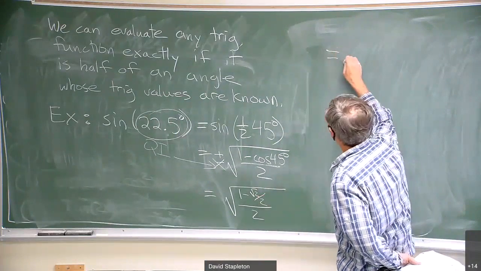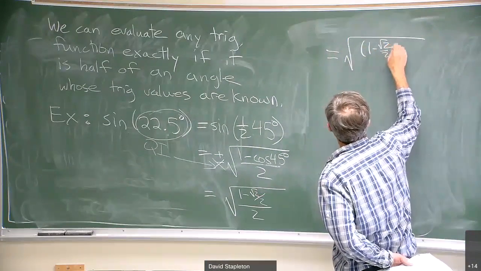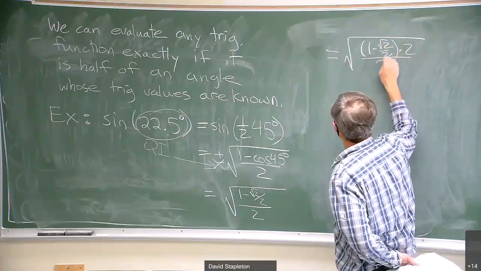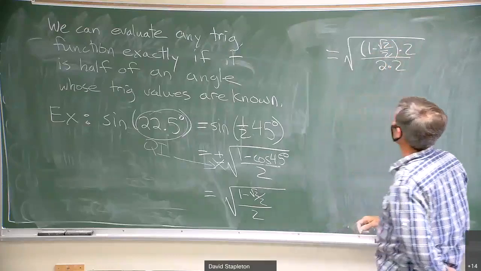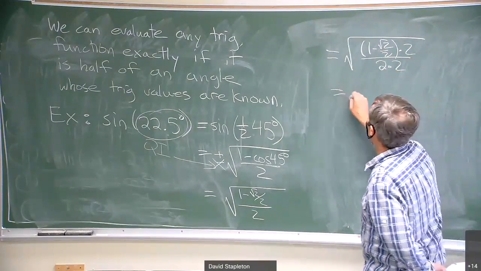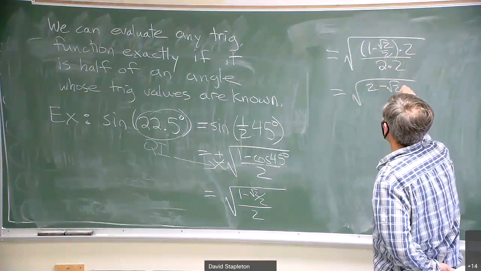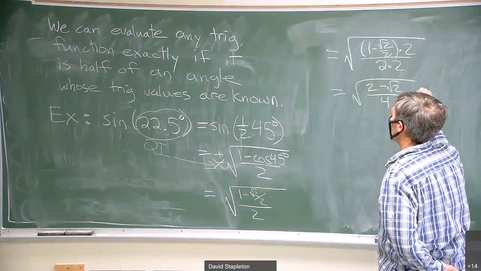So let's write this: square root of, and I'll multiply the top, 1 minus square root 2, by 2, and the bottom by 2. Balance it. That's what's quotient. Now this times this, we have 2. These two cancel, and you get minus square root 2. And the whole thing is over 4.